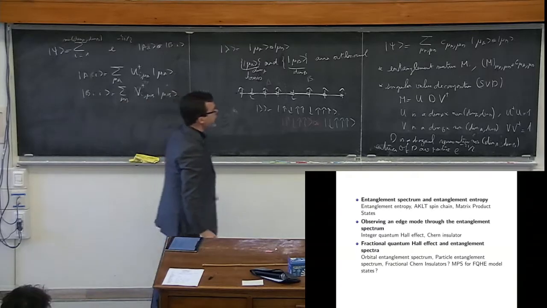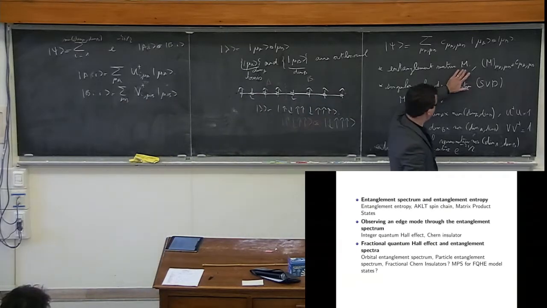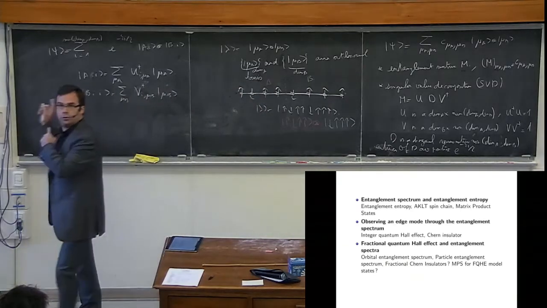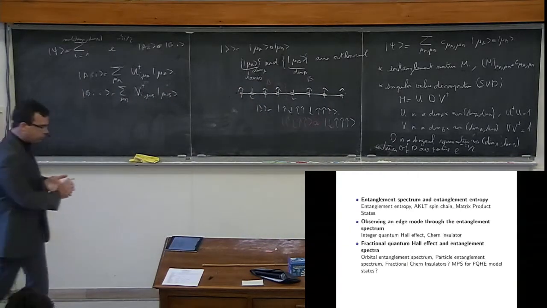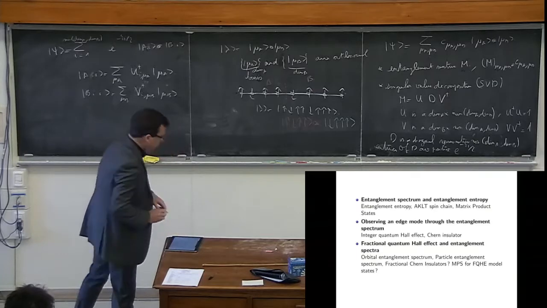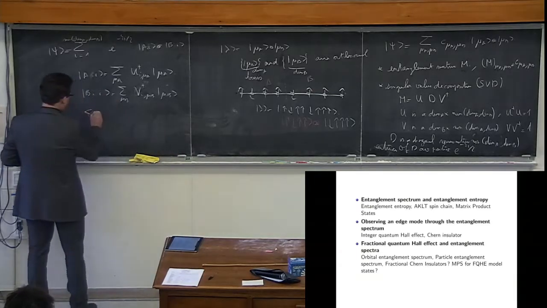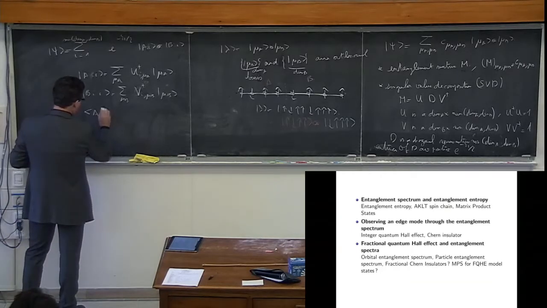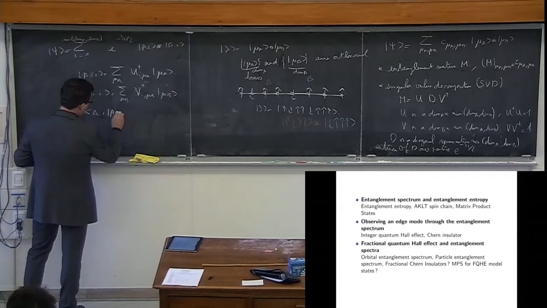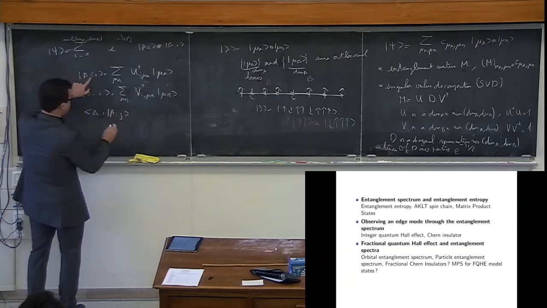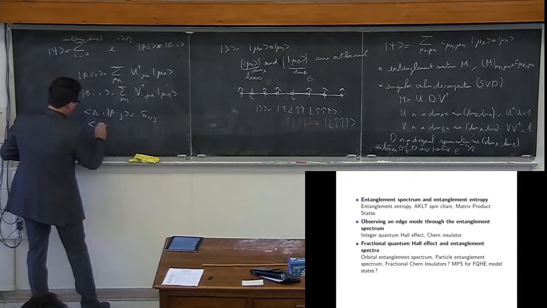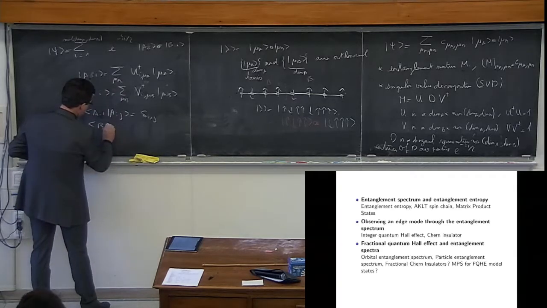Just if you use the definition of the entanglement matrix here, use its singular value decomposition, you can rewrite your wave function this way. And you can see that due to the properties of U and V, if you take two states A I, A J here, they are orthonormal, and same story for the B states.